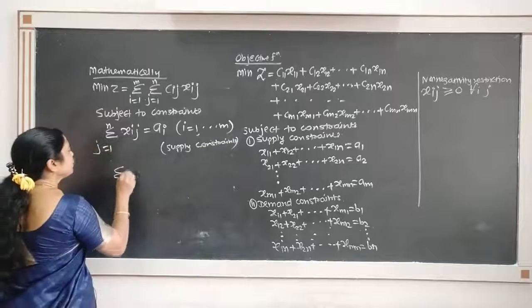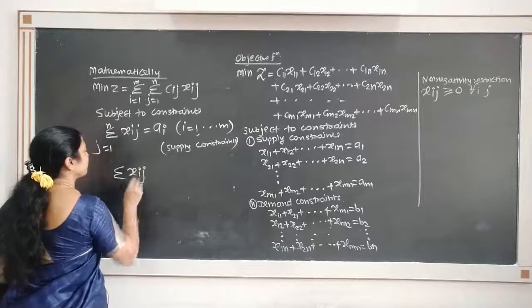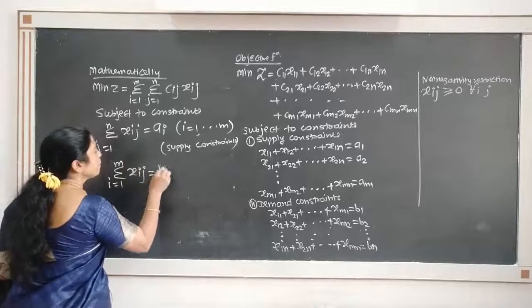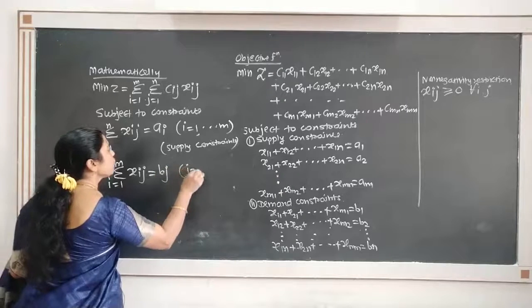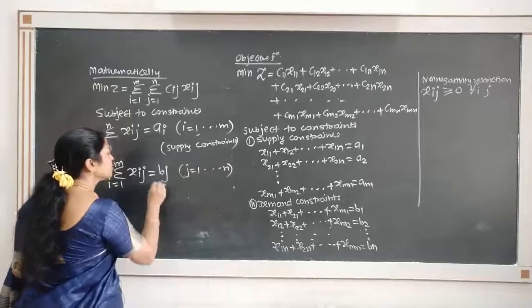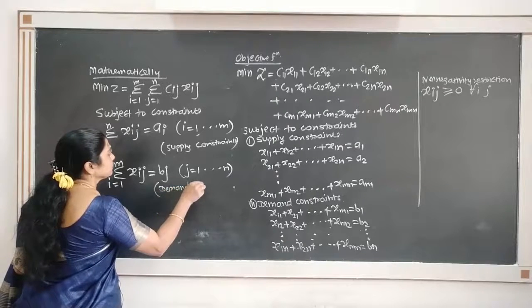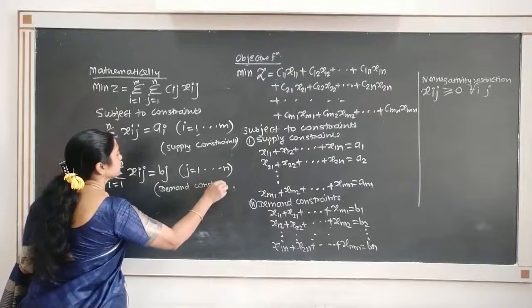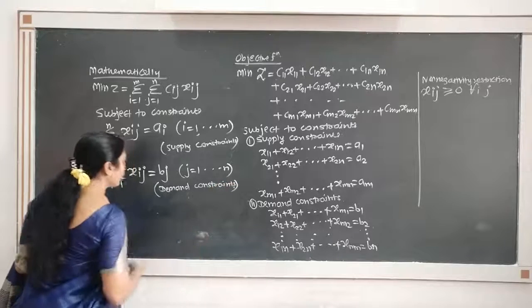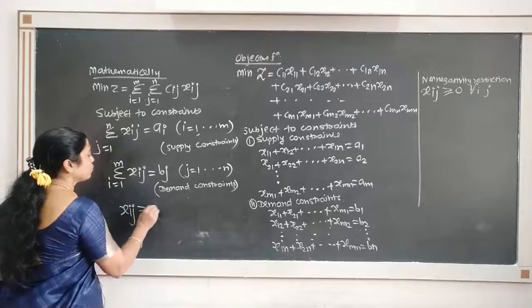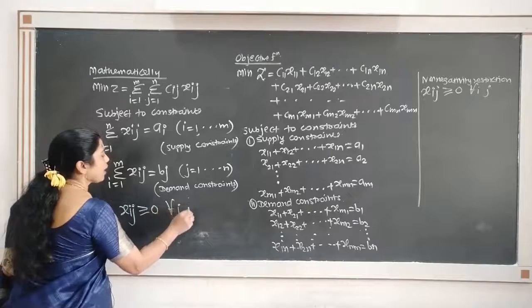And summation Xij, i running from 1 to m, is equal to bj, j runs from 1 to n, and these are demand constraints. And lastly, non-negativity restriction Xij greater than or equal to 0 for all i and j.